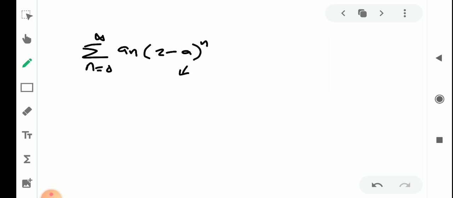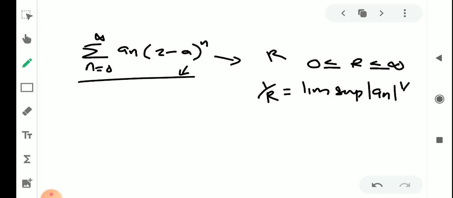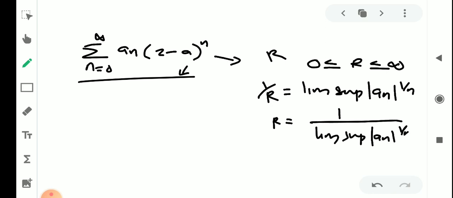And the theorem states that for each power series there exists a number capital R, where capital R may be 0, it may be infinity, or any number between 0 and infinity, such that 1 by R equal to limit supremum of mod a n raised to 1 by n. That is, R equal to 1 by limit supremum of mod a n raised to 1 by n. So, for each power series there exists such a number R.